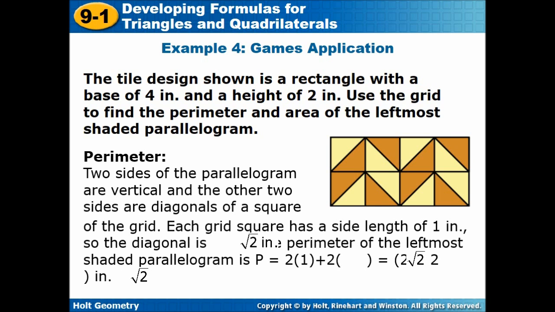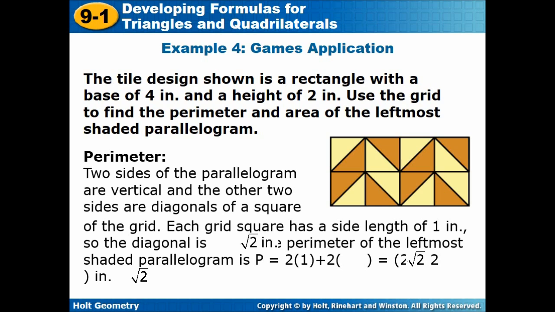All right, so for perimeter, two sides of the parallelogram are vertical, if you look at the parallelogram that's shaded, and the other two are diagonals of a square of the grid. So each grid square has a side length of 1 inch.